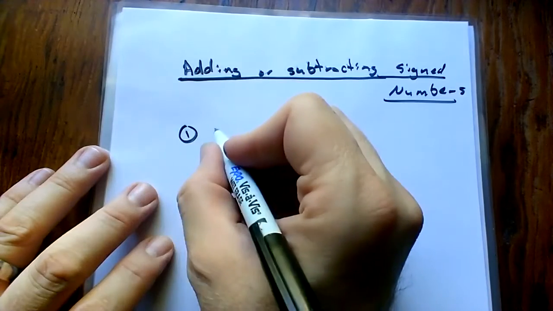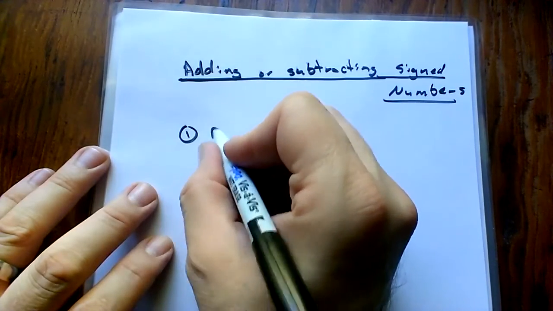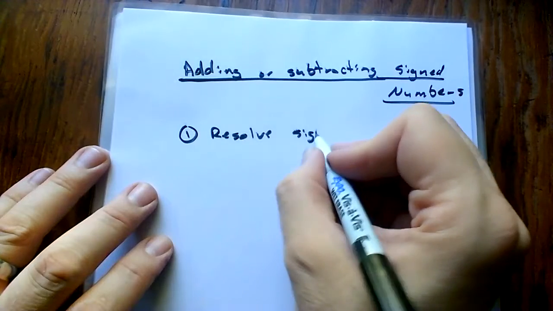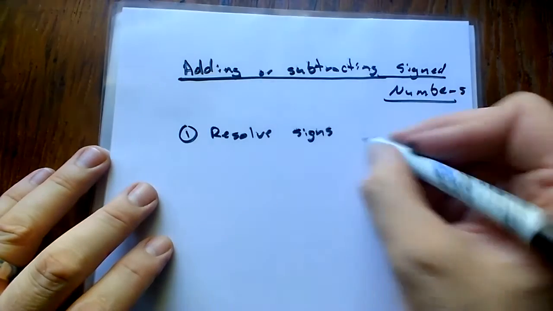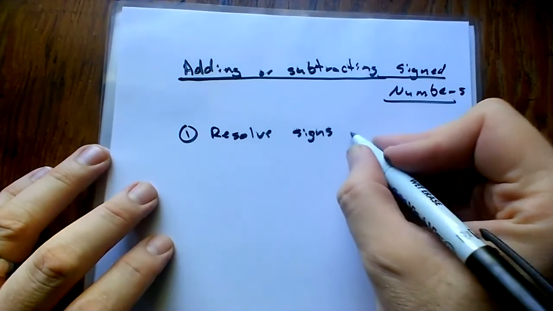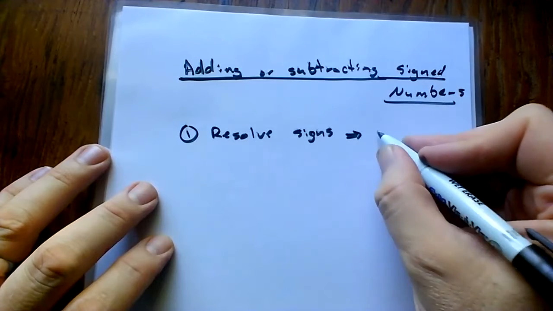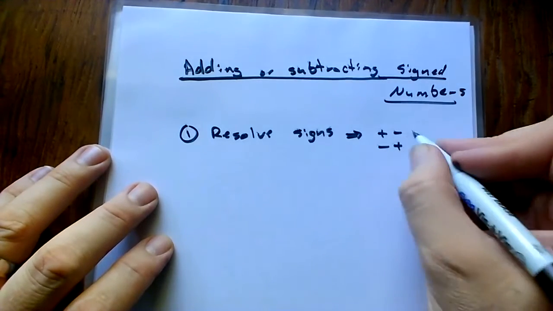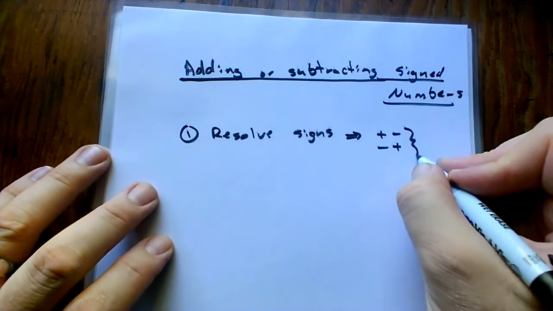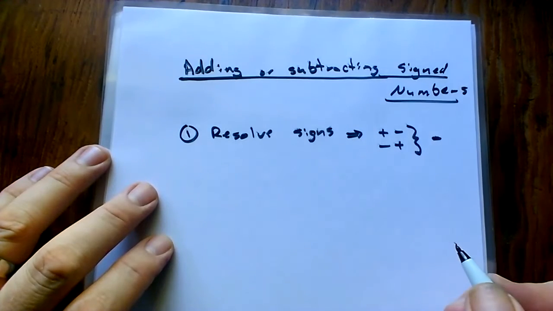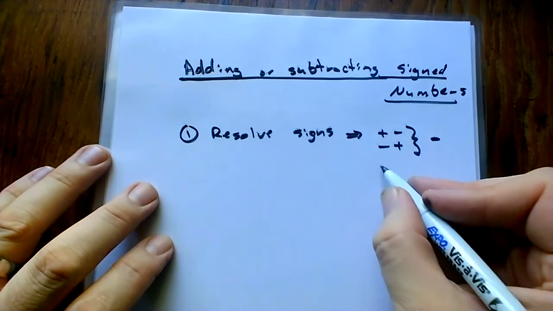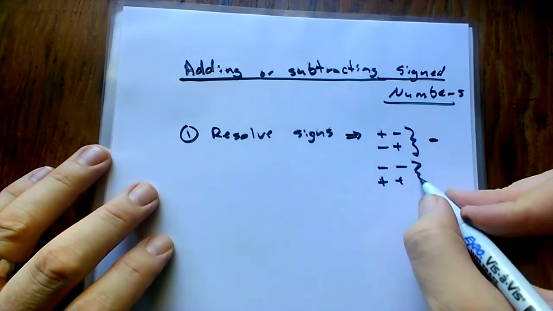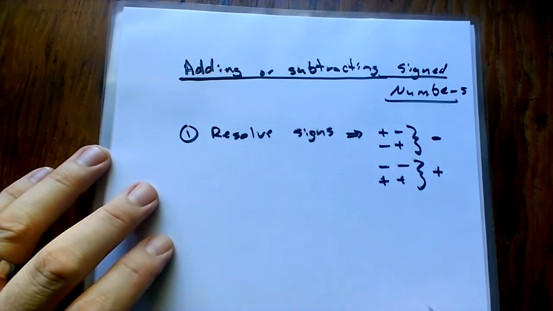First thing that you should do is resolve the signs. If you see a plus and a minus or a minus and a plus, if they're opposite signs, these are both going to resolve to just a single minus sign. If you see two minuses or two pluses, two same signs, these would resolve to just a single positive sign.